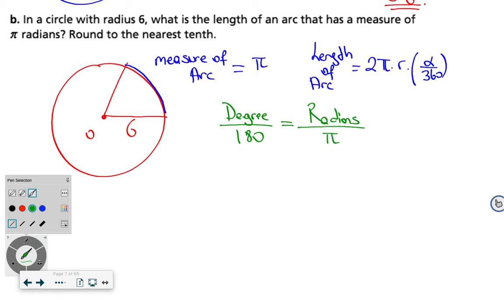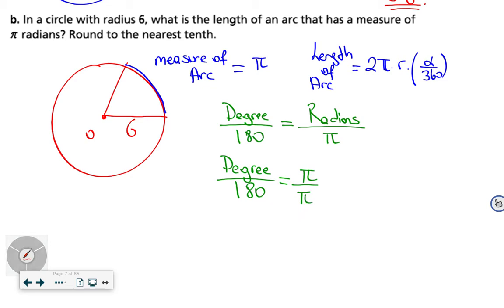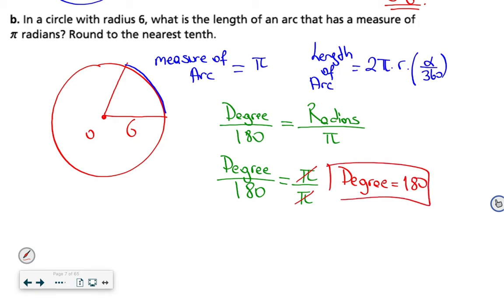We don't know the degrees of this measure, so I am looking for degrees over 180 equal to, what was the radians? It is pi. Pi over pi. If you simplify this, ladies and gentlemen, pi divided by pi is 1. So degrees is going to be 180. What does that mean? The measure of the arc, pi, is equal to 180 degrees. They are equal to each other.